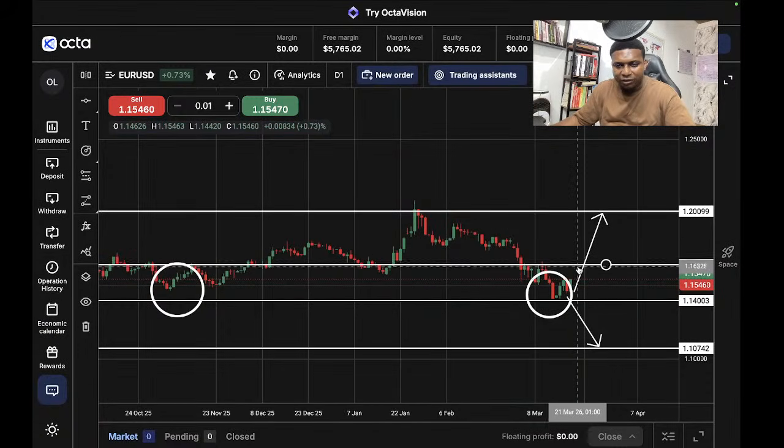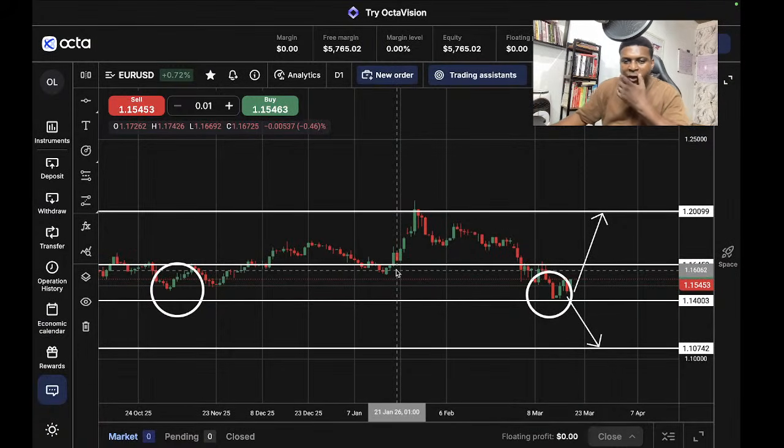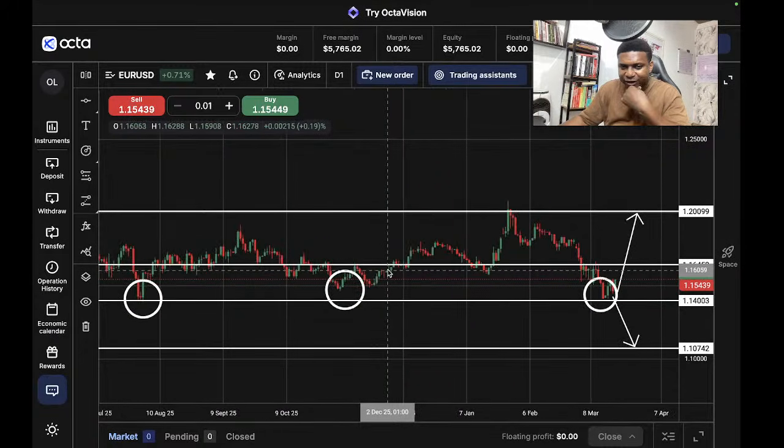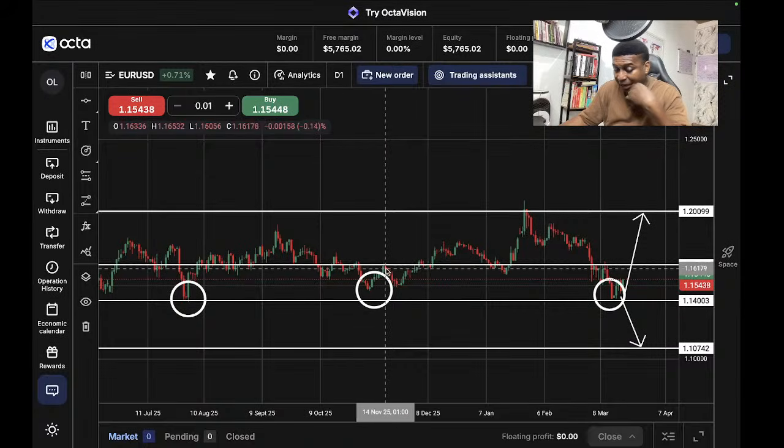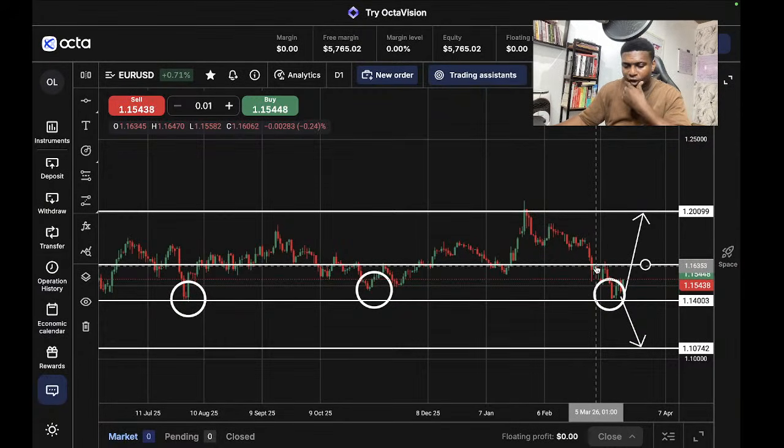Because if you look at it now, this particular level is a resistance zone. Previously it was a resistance zone, a minor resistance zone, and here it turned support, moved up, came down, was broken through, then became a support zone, a support zone that became a resistance zone.